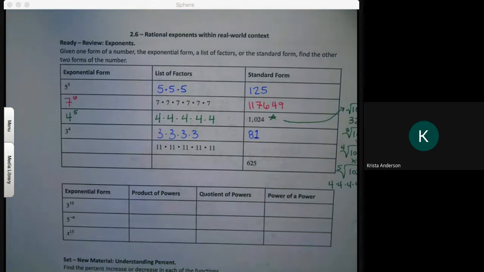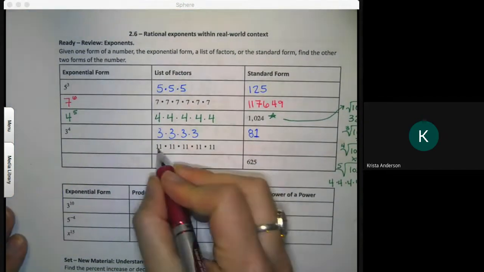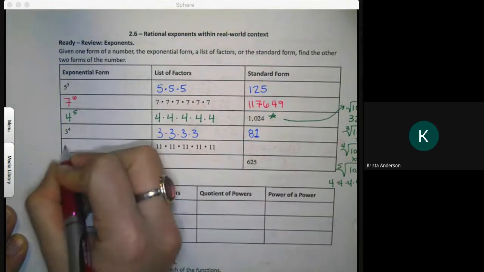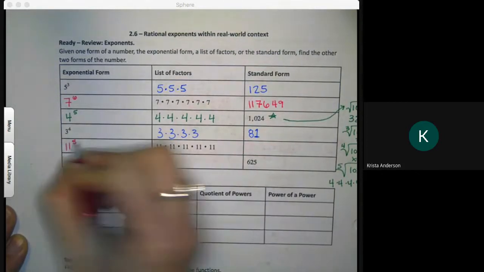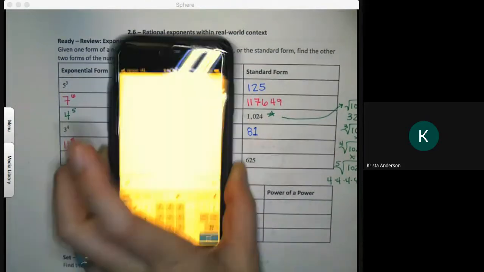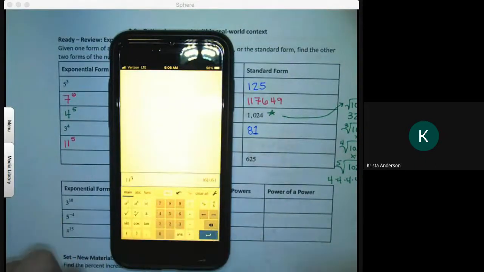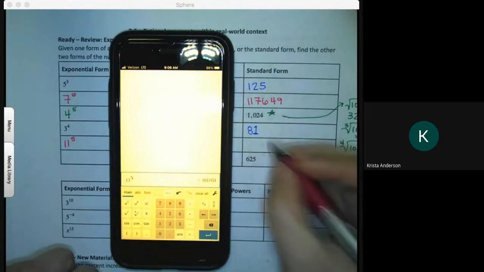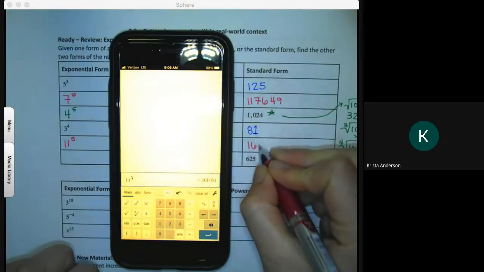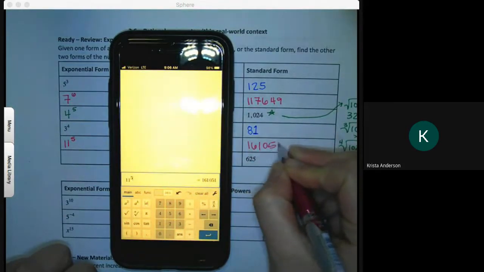Not bad. Now I have 1, 2, 3, 4, 5 11s. So that's 11 to the 5th. When I calculate 11 to the power of 5, it is 161,051.